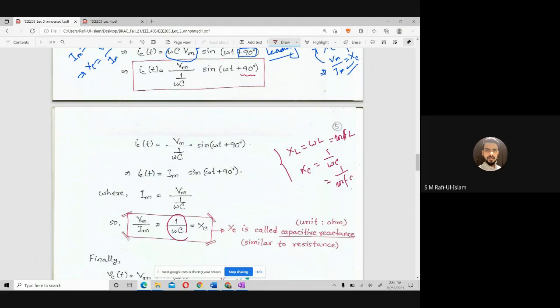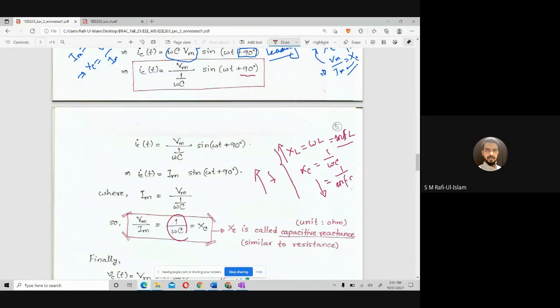So we can see two completely different behaviors for an inductive circuit and a capacitive circuit. If I increase the frequency, the reactance of the inductor will increase, but the reactance of the capacitor will decrease. If I increase the frequency, XL will increase but XC will decrease, or vice versa.